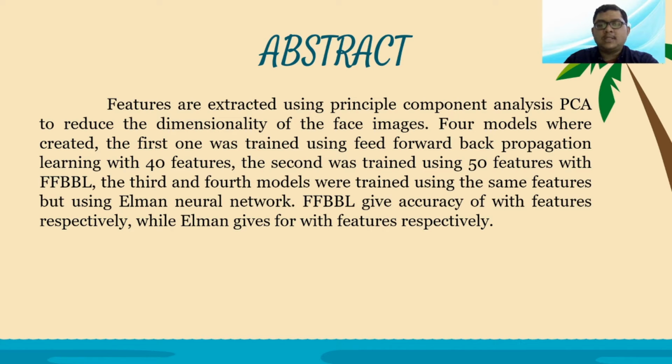The second was trained using 50 features with FFBBL. The third and fourth models were trained using the same features but using the Elman neural network. FFBBL and Elman gave accuracies for the respective features.